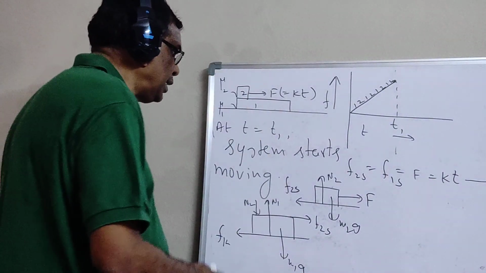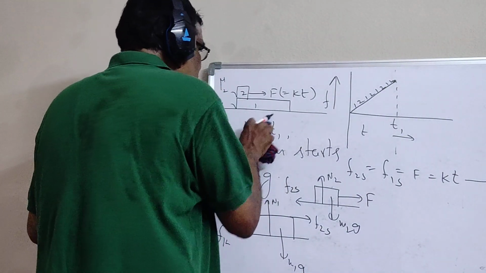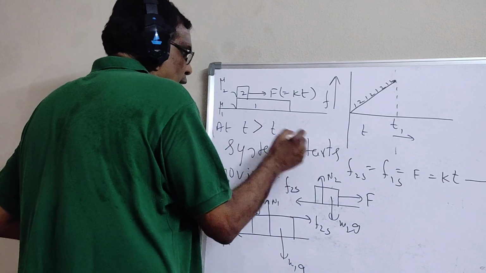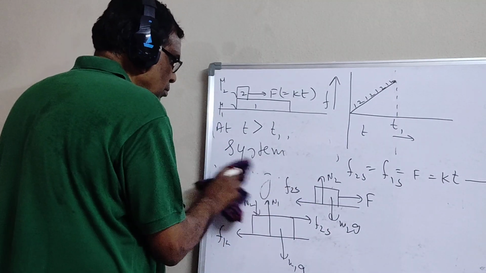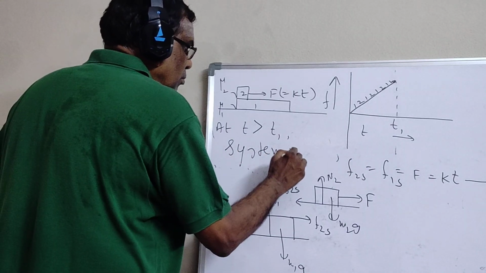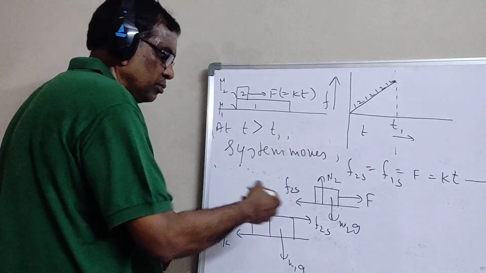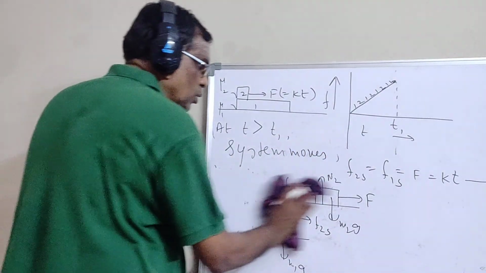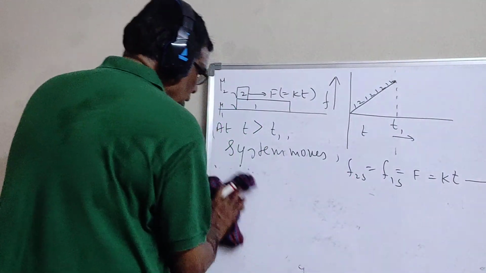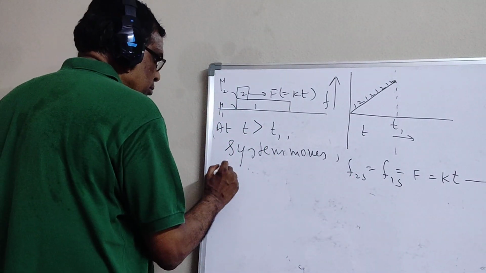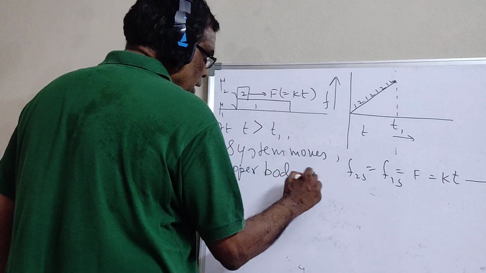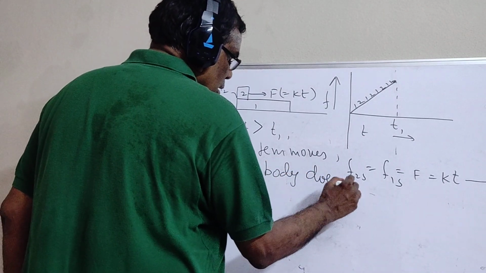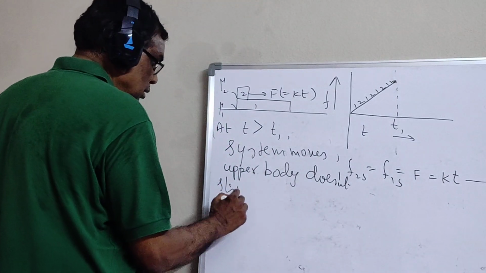Suppose T is more than T1. T greater than T1, the system moves. The whole system moves. The upper body doesn't slip.